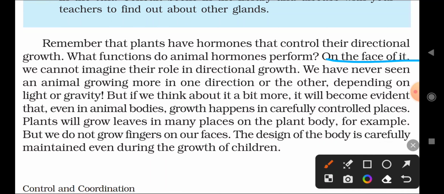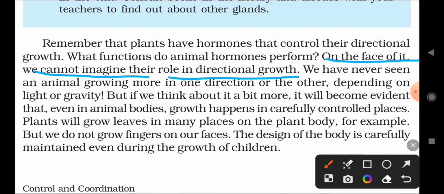On the face of it, we cannot imagine their role in directional growth. In our animal body there is no directional growth, correct? Our one hand does not grow in a particular direction while the other stays very short, or one leg grows longer and another very short. That would be directional growth.